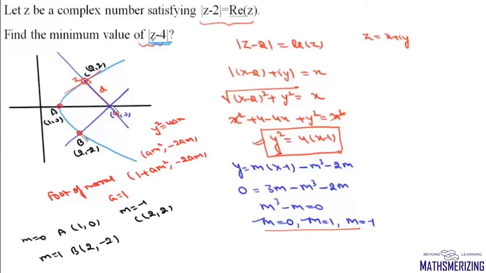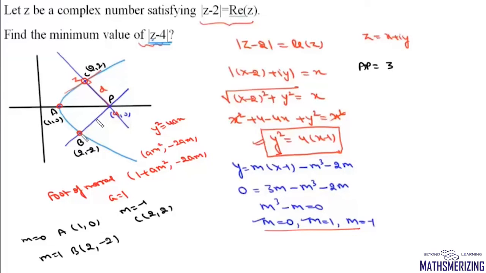Now we'll find all these 3 distances and then we'll see which is the minimum distance, and that will be the minimum value of |z minus 4|. So we'll find this AP. AP is simply 4 minus 1, and that is 3.